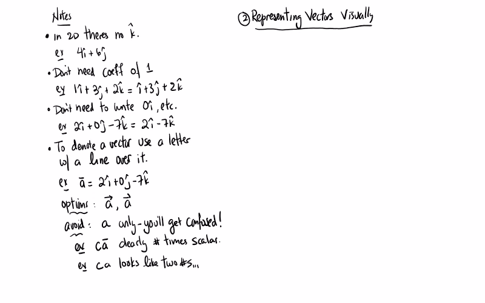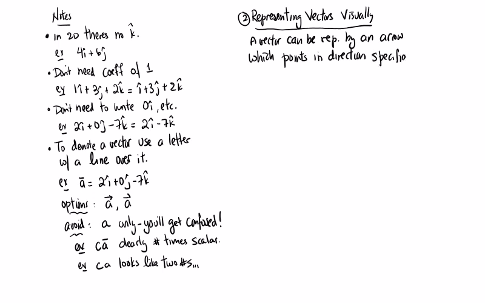Typically a vector can be thought of as an arrow that points in the direction according to its components. So let's say it can be represented by an arrow which points in a direction specified by its components. If that's a bit unclear, that's okay.